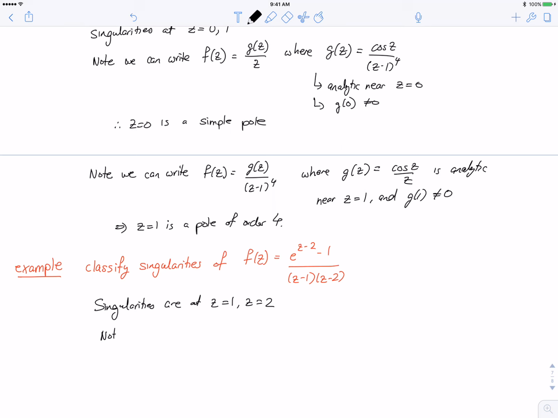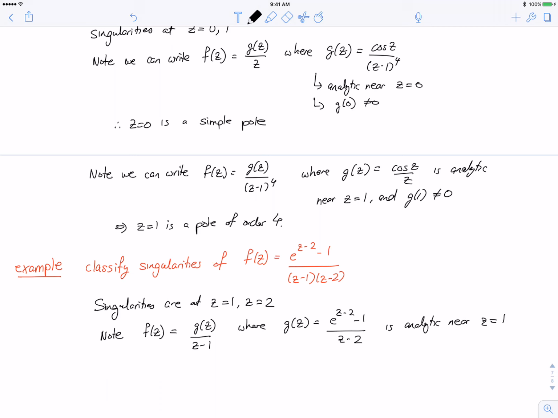Well, again, note we can write f of z equals g of z on z minus 1, where g of z, you would have to define it to be like this. Oops, that was supposed to be a minus. Okay, so that's g of z in this case. As you can see, g of z is analytic near z equals 1, right?